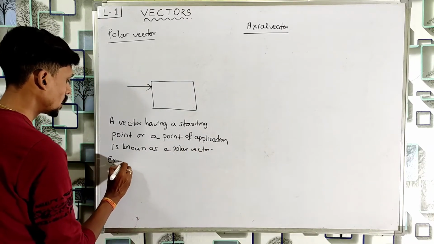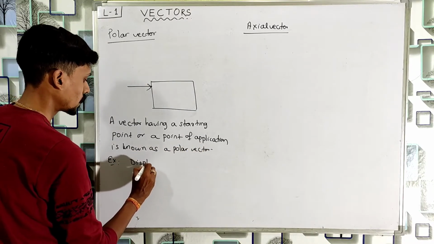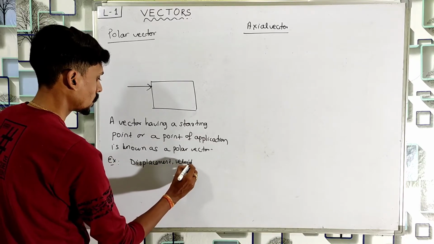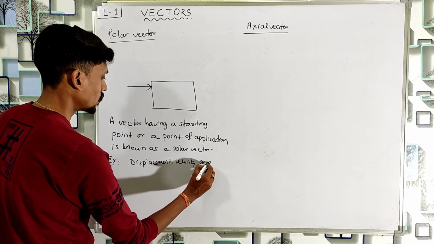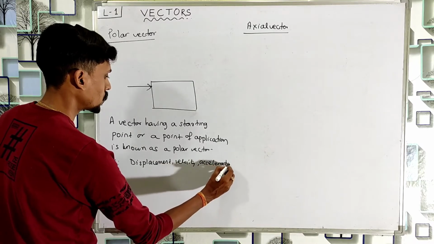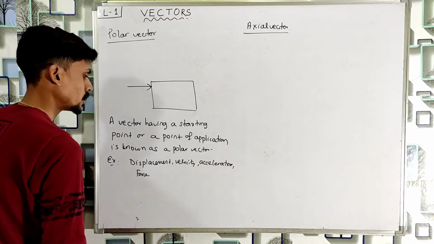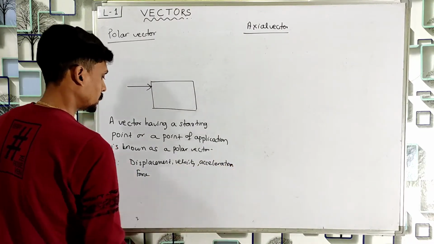Examples are displacement, velocity, acceleration, force, etc. These are the examples of polar vectors.